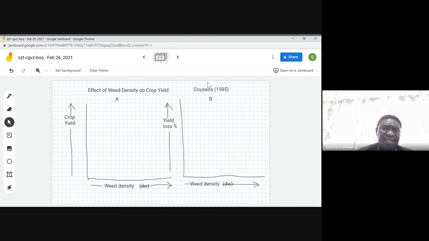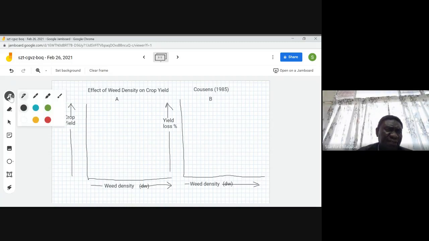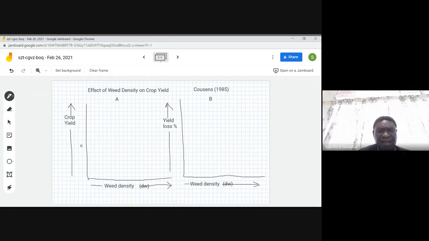Now, what Cousins proposed was that with yield loss, as long as you have weeds, you are going to get crop yield being reduced. He proposed that this is what is actually happening.